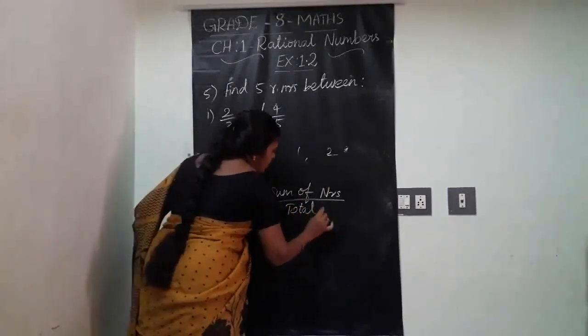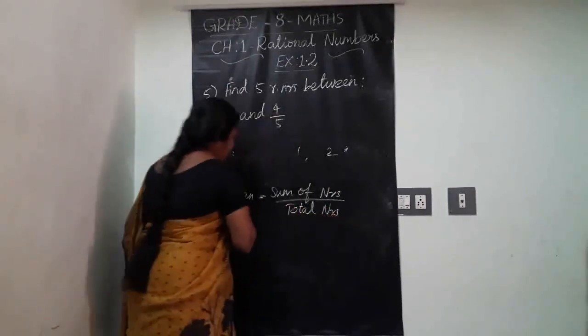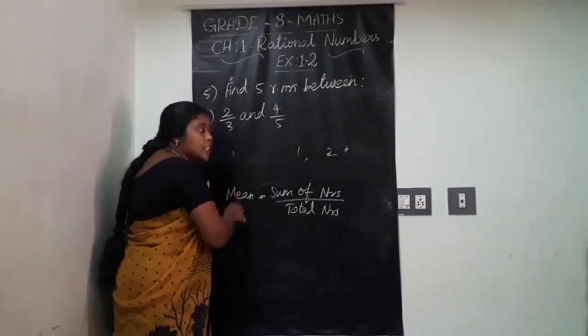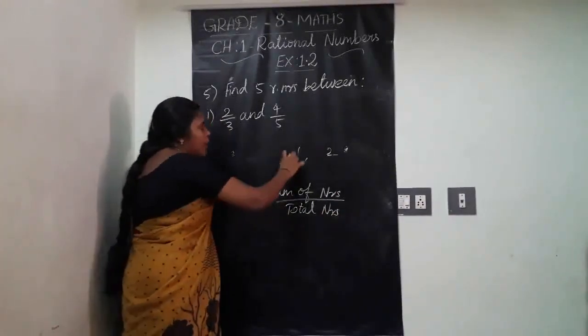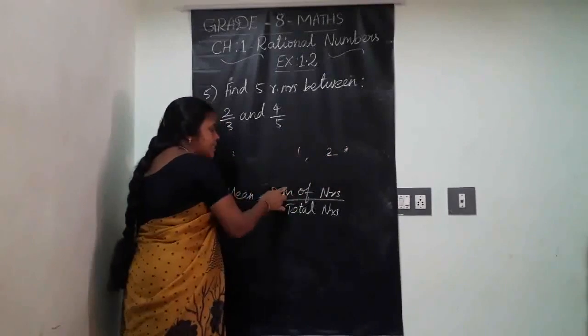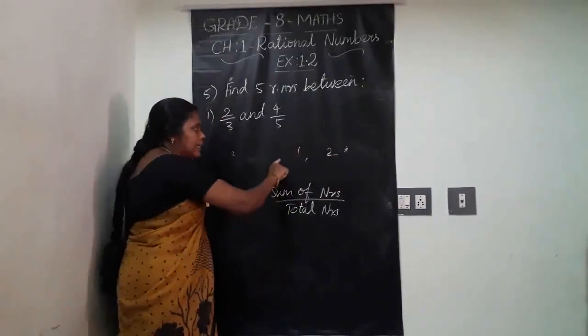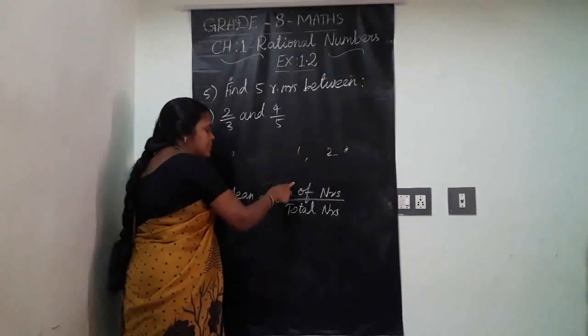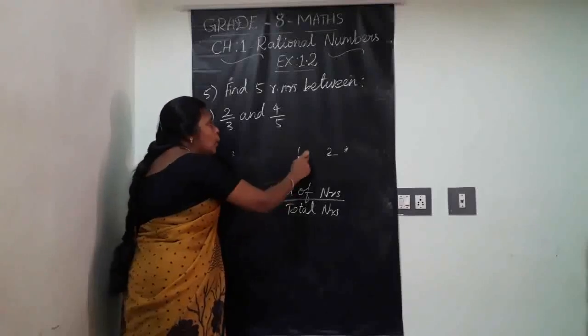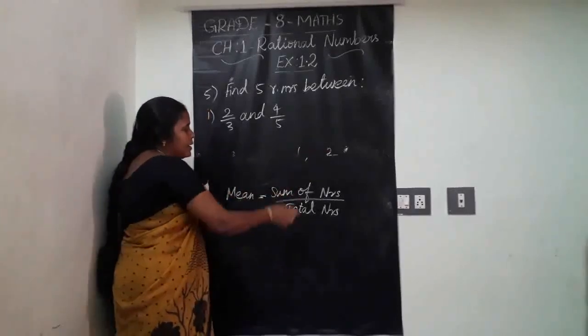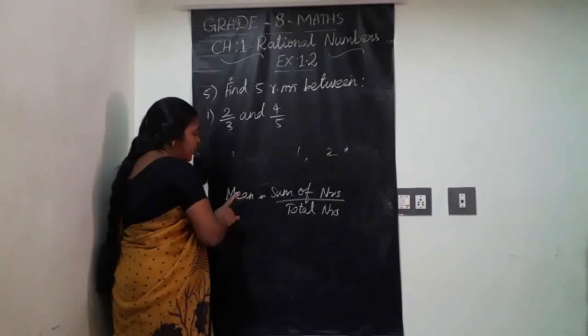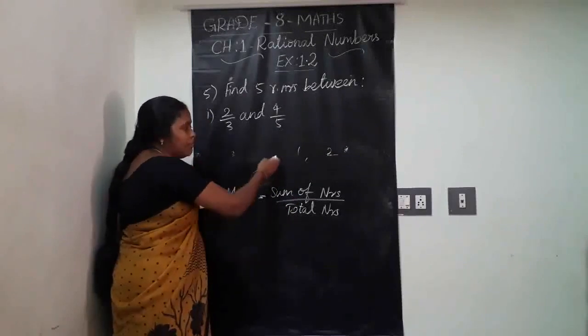This is the formula. You have to add them, that is in the numerator place, and then divide that total value by the total number. Clear? This is the formula for finding average or mean of the given numbers.